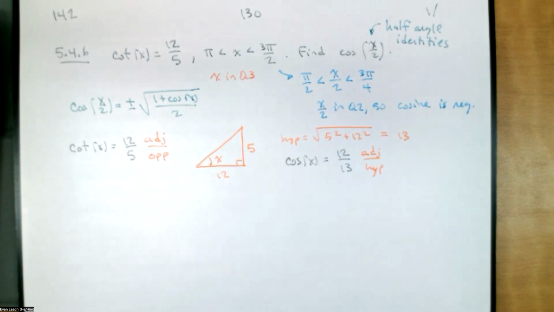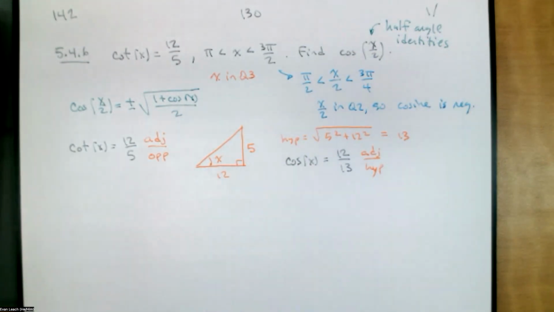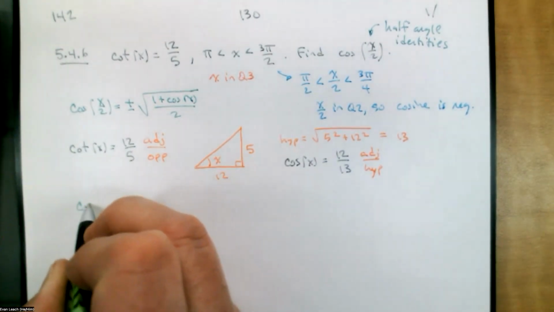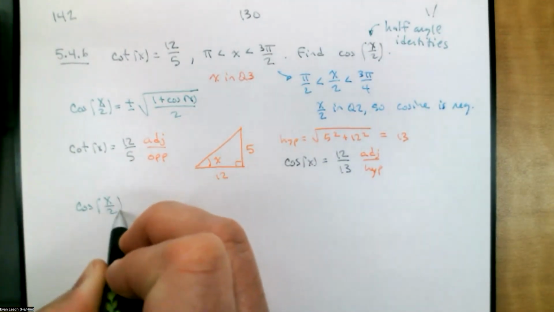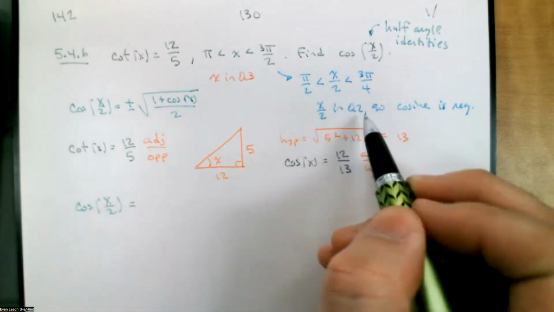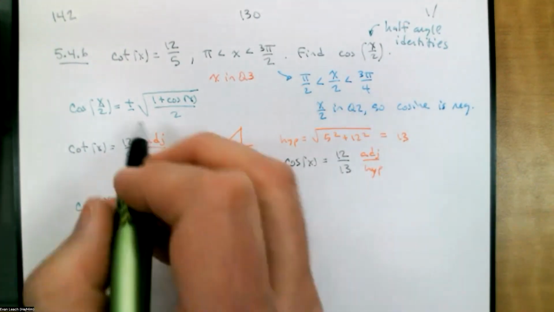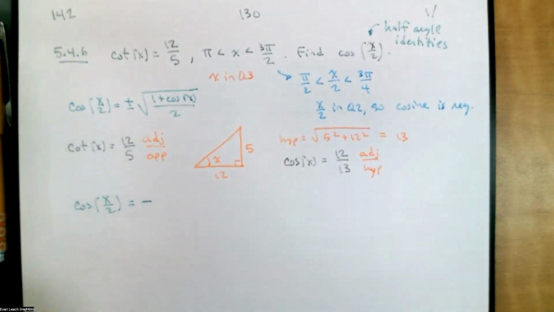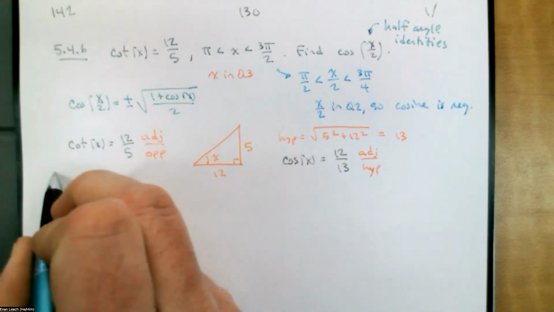So we use some right triangle trigonometry to take our cotangent of x and figure out the cosine of x. The reason that we want cosine of x is because that's the one that appears in the half angle identity for cosine, and we're trying to figure out the cosine of x over 2. So now we can grab our half angle identity, cosine of x over 2. Since we know that x over 2 is in quadrant 2, we know we're going to want the negative, because cosine is negative in quadrant 2.